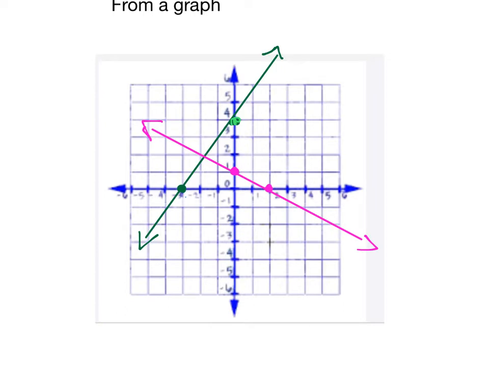And we can see that it crosses or hits the y-axis at the number 4. So when you write your answer as an intercept, I want it written as an ordered pair. So this y-intercept for the green line is going to be the ordered pair 0, 4.